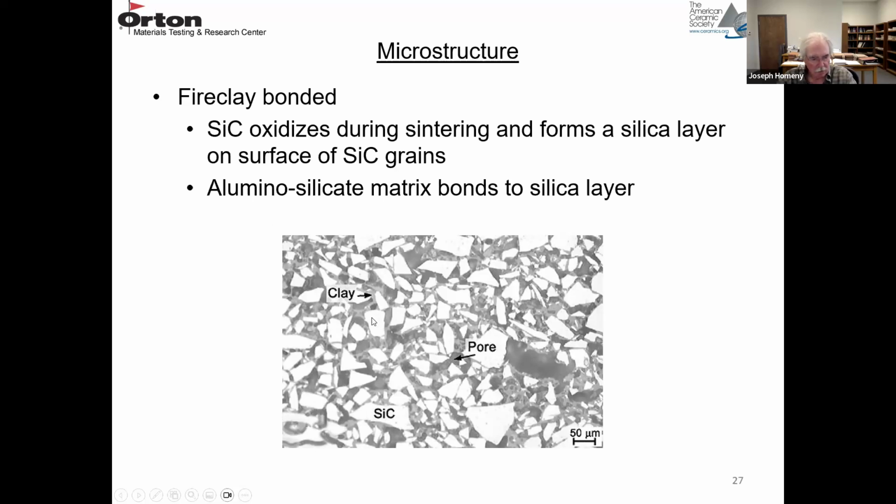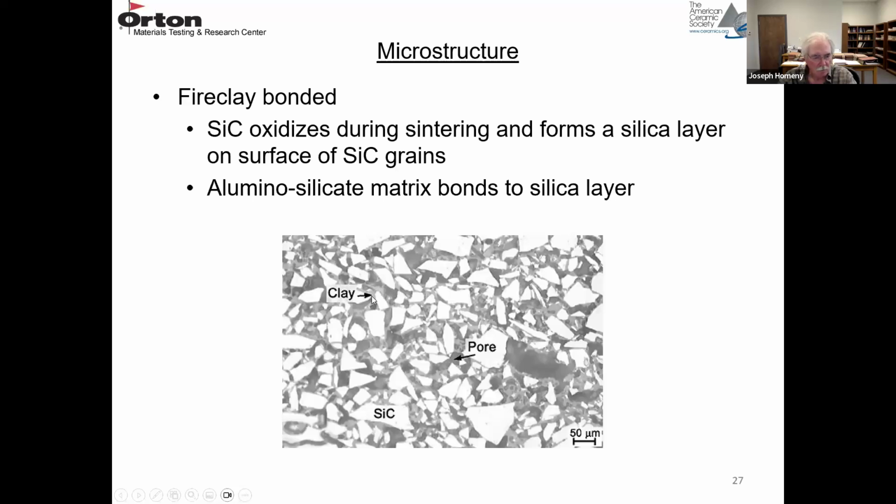So these white, the brightest white, they're all angular, so they're crushed silicon carbide. So that's your silicon carbide aggregates. Here's a large silicon carbide, and then you can see the smaller pieces, and there's even much finer pieces in the matrix.